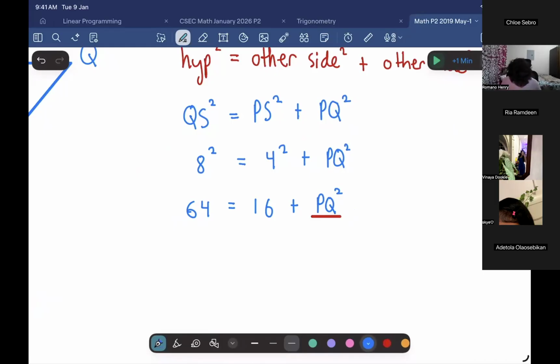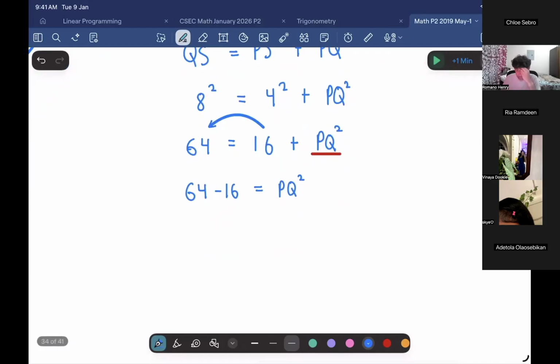In other words, I want it to be the only thing on this side, so what should I do? Carry over the 16 across the equal sign. If I carry across 16, it's going to turn to what? Negative. And that'll be equal to PQ squared, right? What is 64 minus 16?